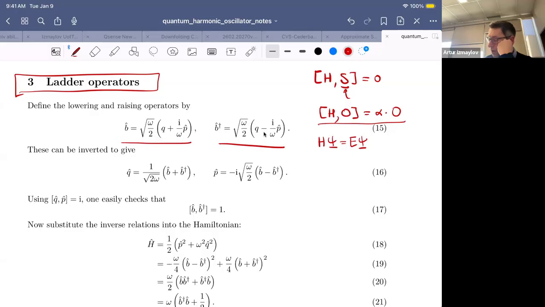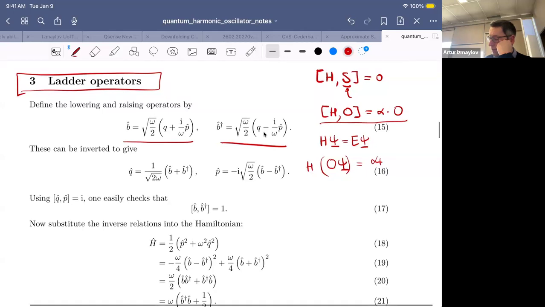Then what we can show is that O psi is also a solution, but with a different eigenvalue, which is essentially alpha plus E. So if alpha is positive, that means we can generate excited states.